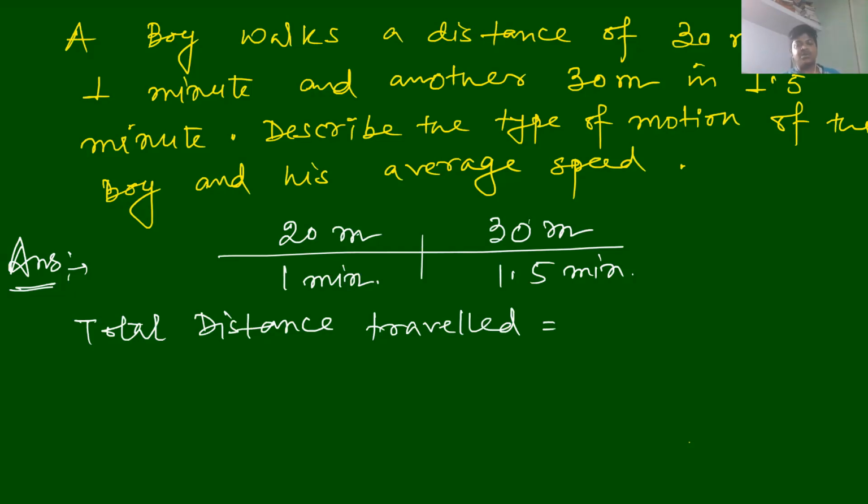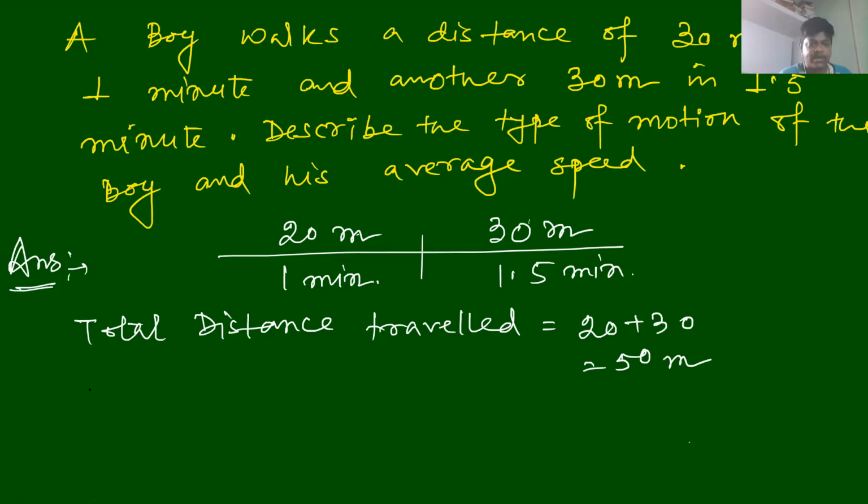Girls, boys, what is the total distance traveled? 50 meter, that's very good. 50 meter, that is 20 plus 30. Let me just write it down in that form. It will be easier for the rest of the people to understand. So it is 20 plus 30, that is equals to 50 meter, right?